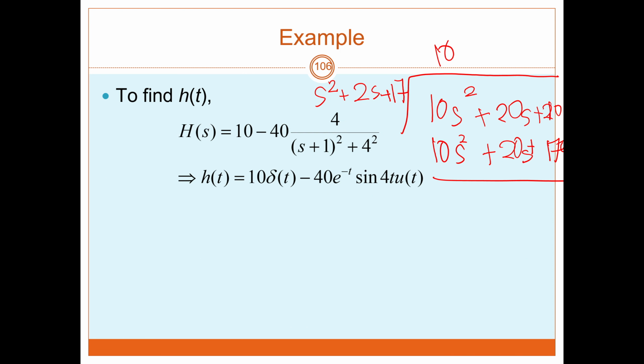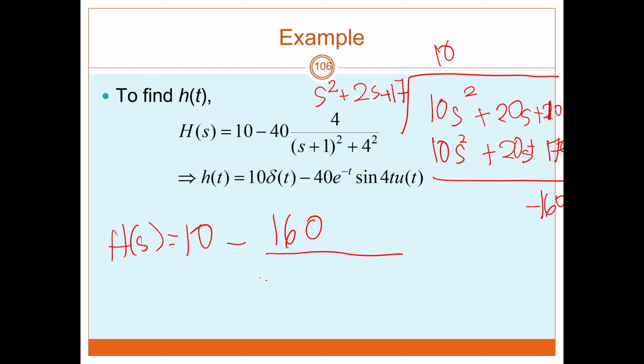So now H(s) will become 10 plus 160 over s squared plus 2s plus 17.